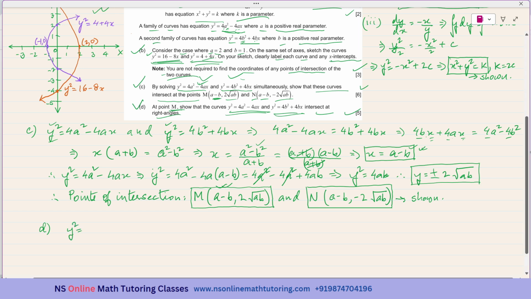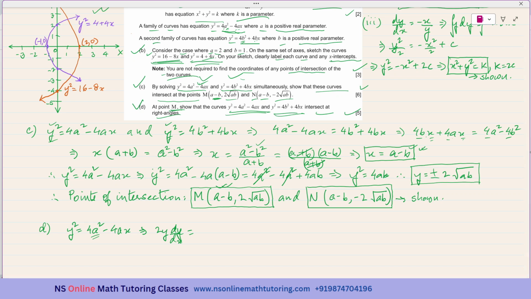y square equal to 4a square minus 4ax. We will be doing implicit differentiation. So it is 2y dy by dx is equal to 4a square. This is a constant term.